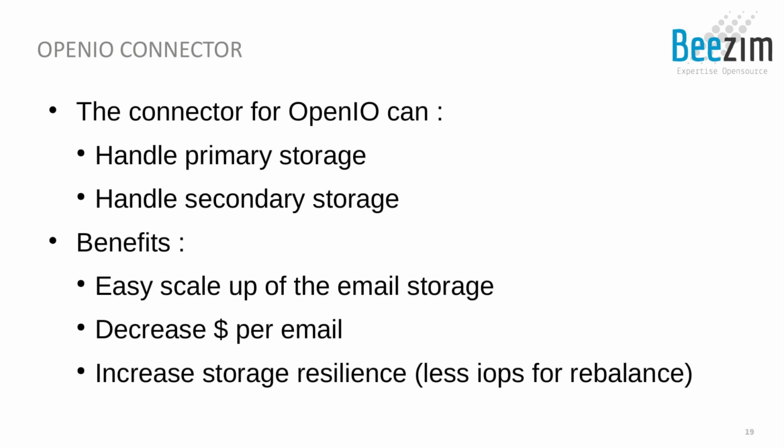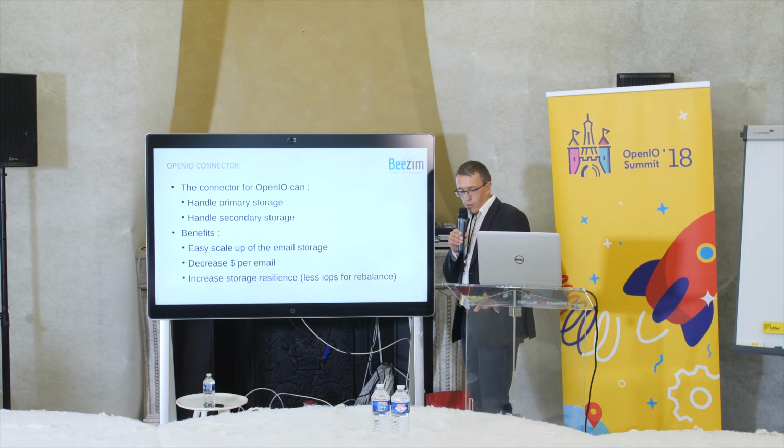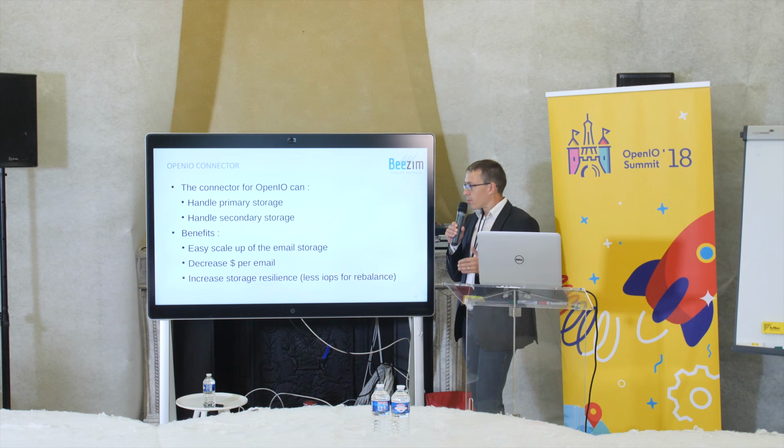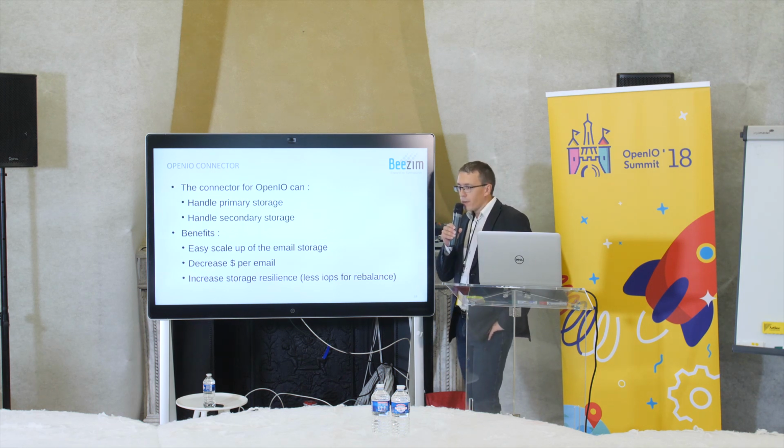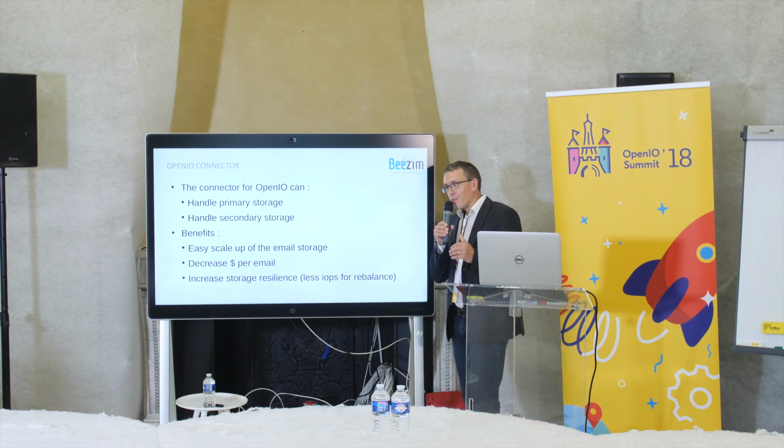so we can easily scale the email storage. You've seen that as OpenIO doesn't rebuild the system and doesn't rebalance, the new storage is available immediately. Usually in production, when you need more storage, you buy the new disk or new nodes just at the last moment, only when you absolutely need them.